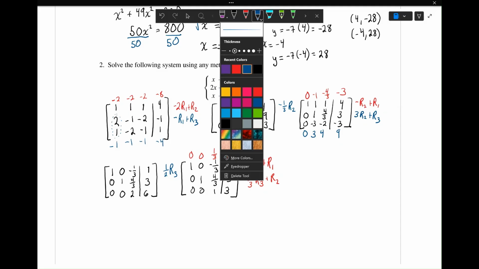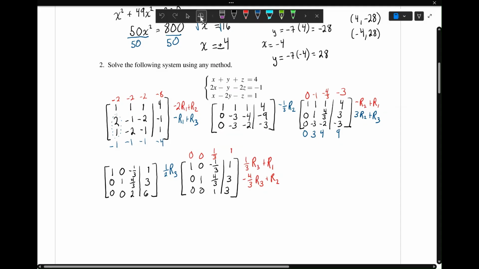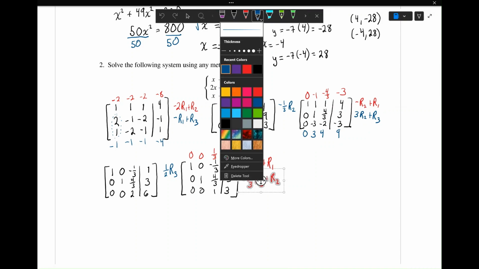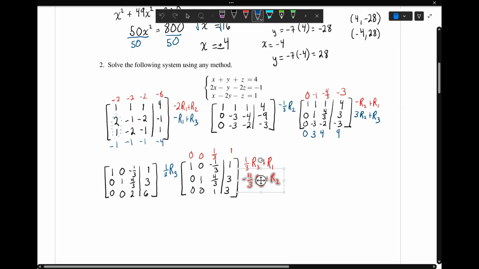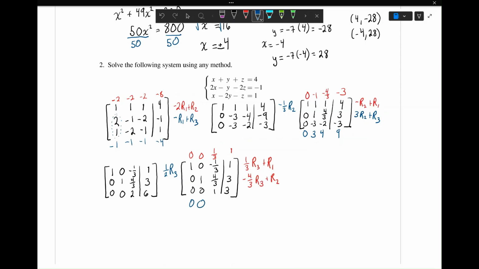I usually write this one in different colors, so I'll change this to blue. Oh, and that usually changes it. Never mind. I'll just write the results down here. So I get 0, 0, negative 4/3, negative 4. And remember, this blue one is going into row 2.